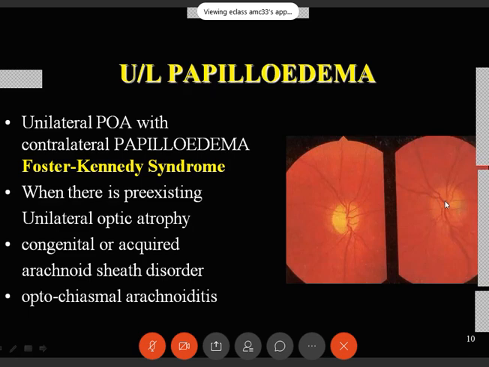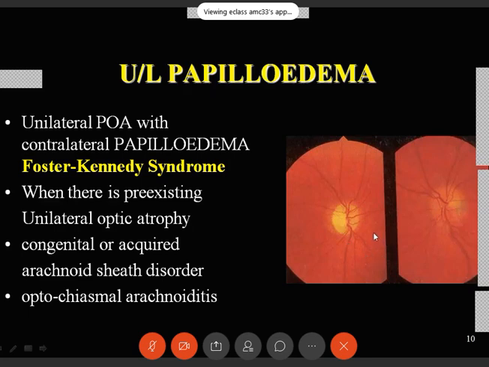Edematous changes, that is the elevated, swollen disc with blurring of the margins, are not seen in the optic atrophy. So optic atrophy on one side and papilledema on the other side is Foster-Kennedy syndrome, when there is pre-existing unilateral optic atrophy.